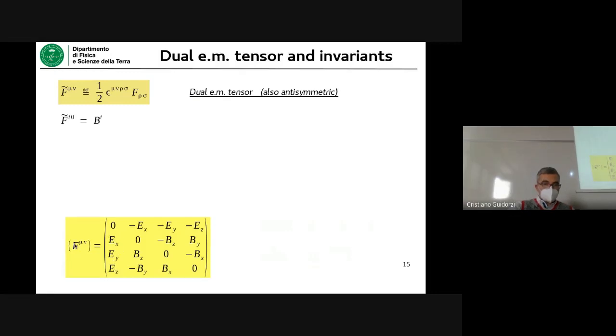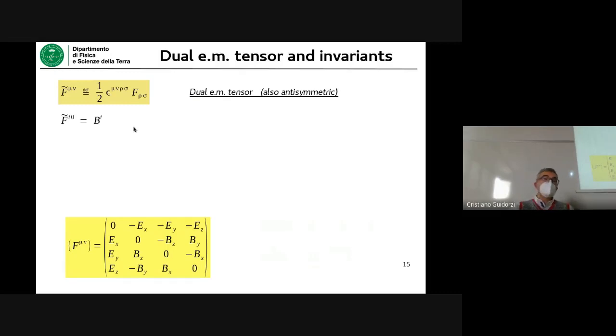This is the contravariant one, pay attention. Essentially, the point here is that you have a swap between the electric components and the magnetic components.